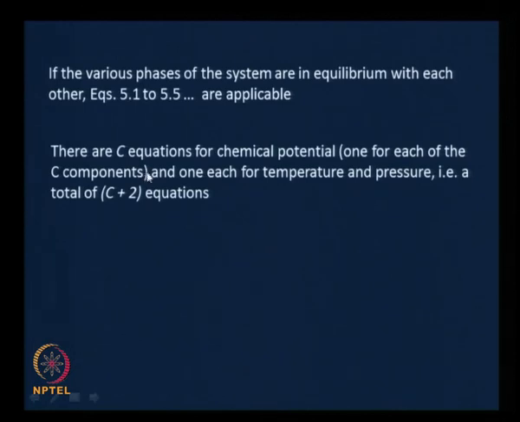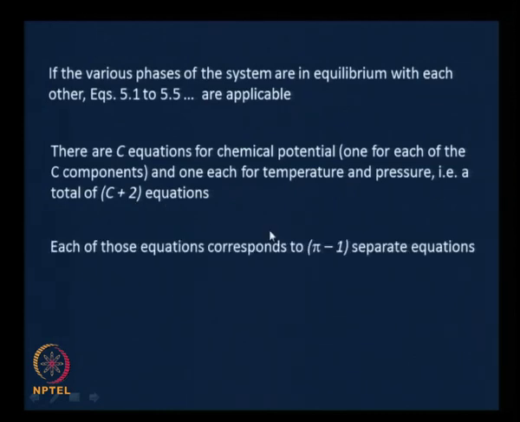Therefore, we have C equations for chemical potential, one for each of the C components, and one each for the temperature and pressure, T alpha equals T beta equals T gamma, P alpha equals P beta equals P gamma, and therefore we have a total of C plus 2 equations, and each of those equations corresponds to pi minus 1 separate equations, because T alpha equals T beta is one equation, T alpha equals T gamma is another equation, and so on and so forth.